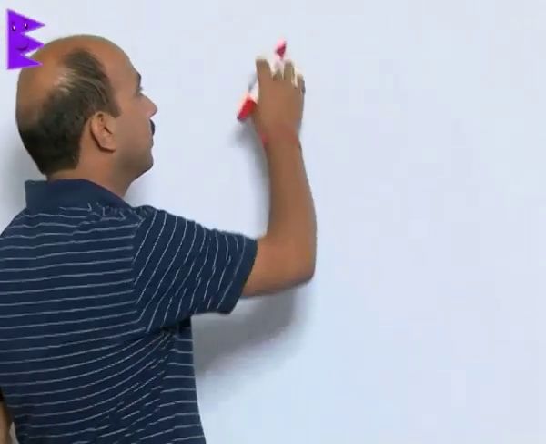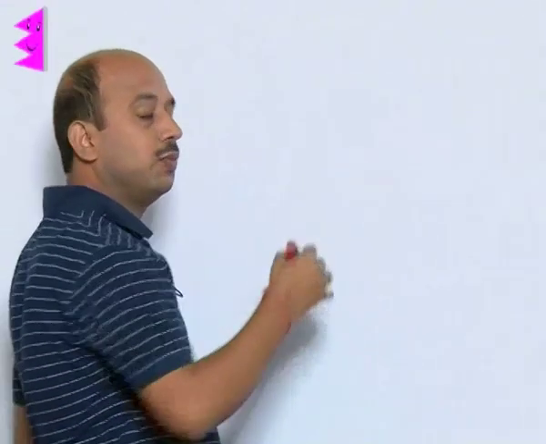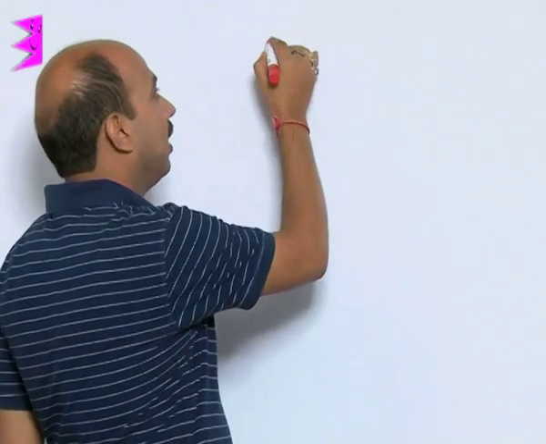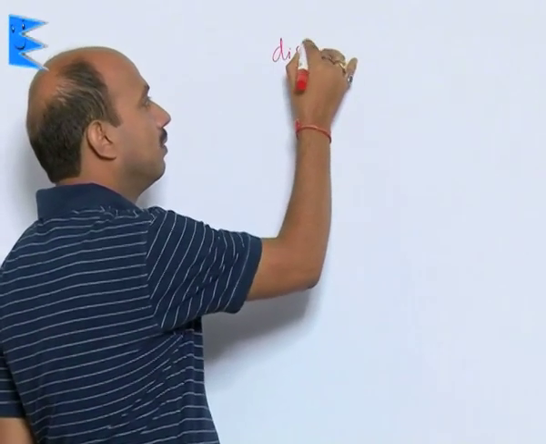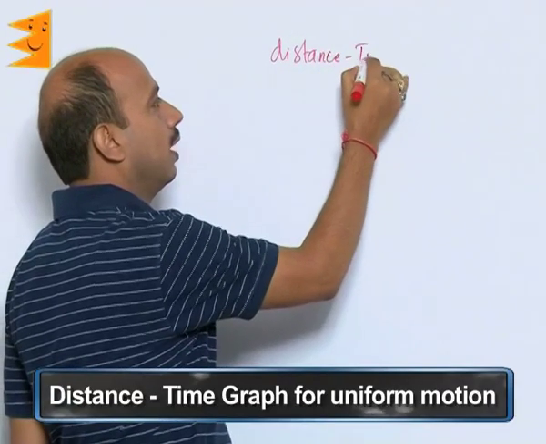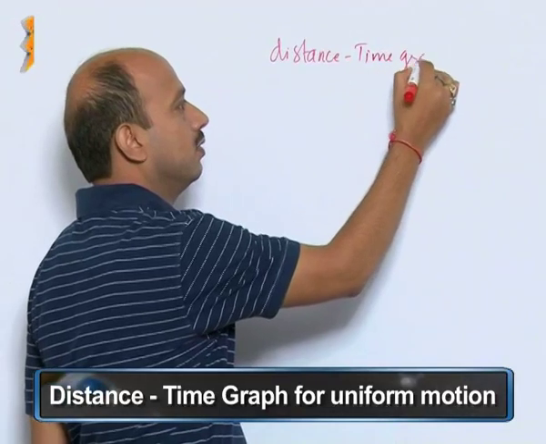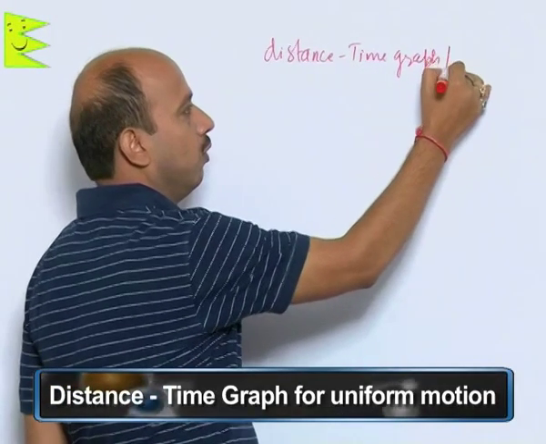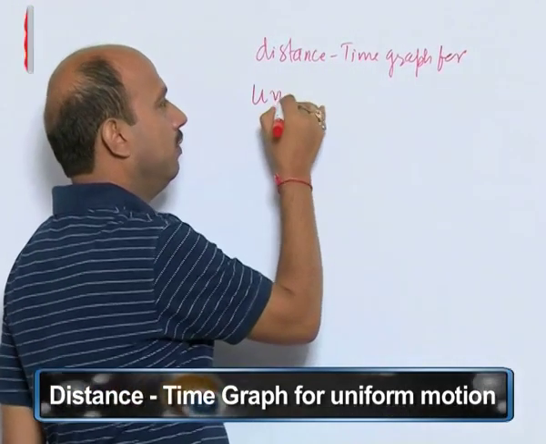Now, we will discuss the calculation of velocity and speed from the graph. See, it is a very important topic and you have to concentrate on this part because it is a graphical relationship. So, now as we have done for the xt graph, that is called distance time graph, for uniform motion.